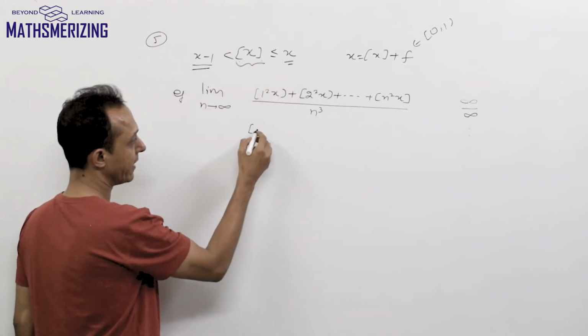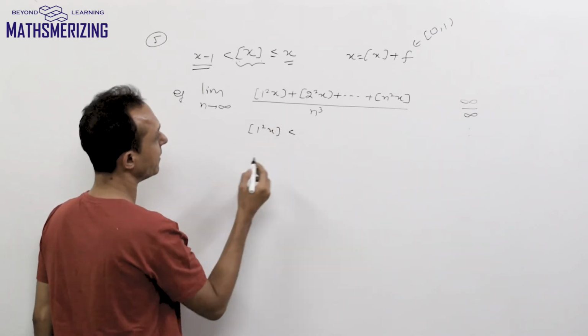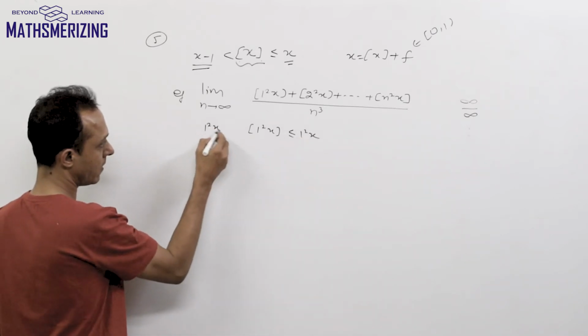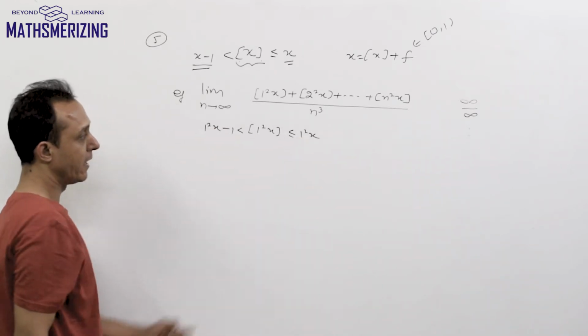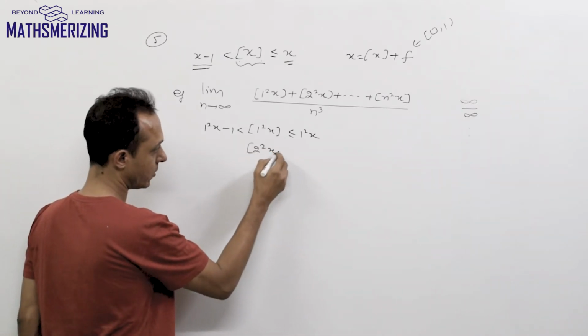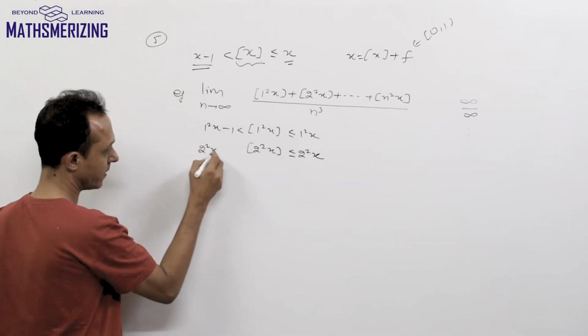So I can write the greatest integer function of 1 square x will lie between 1 square x minus 1 and 1 square x. In the same way, the greatest integer function of 2 square x will lie between 2 square x minus 1 and 2 square x.